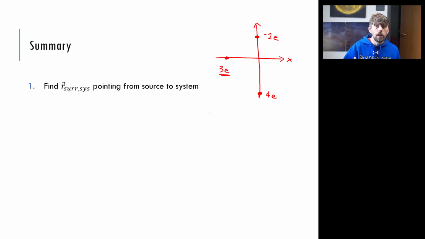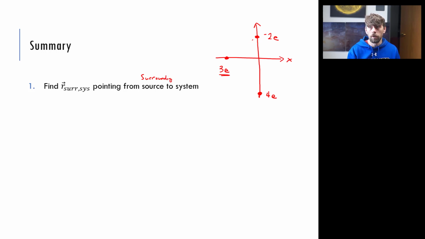Namely, the first thing that we did was find the relative position vector between one of the charges in the surroundings and the system. Notice we say pointing from the source, or I've fallen into some different vernacular here, you could say pointing from the surrounding to the system.